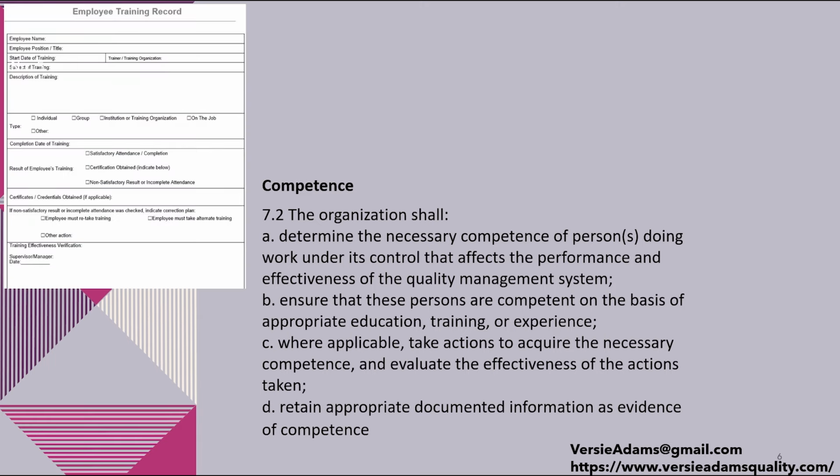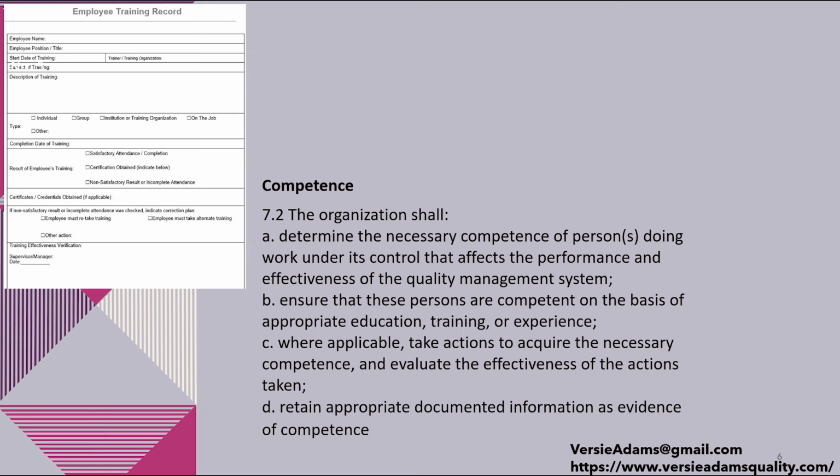So when you train someone within your organization to a specific procedure, work instruction, form, you need to have a record that shows that that person was in fact trained. And this is a very simple employee training record that you see here.